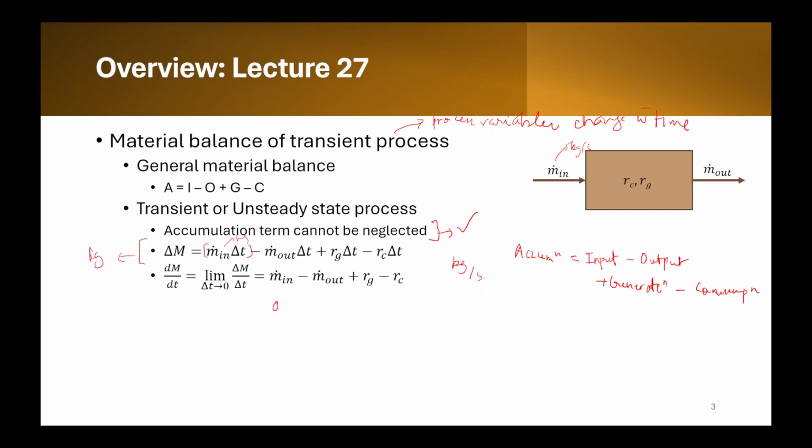So the final equation is written here: dm by dt equals m dot in minus m dot out plus rg minus rc. Some people write this rg as rg dot because they want to show it is also changing with time.